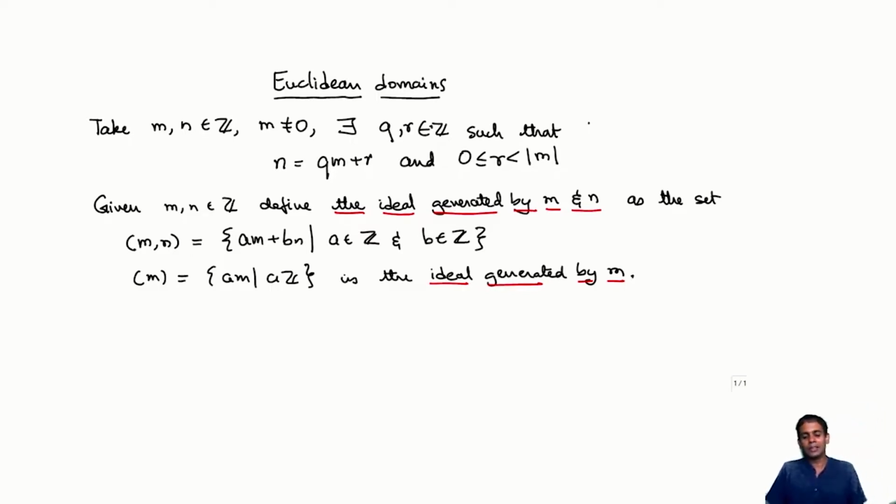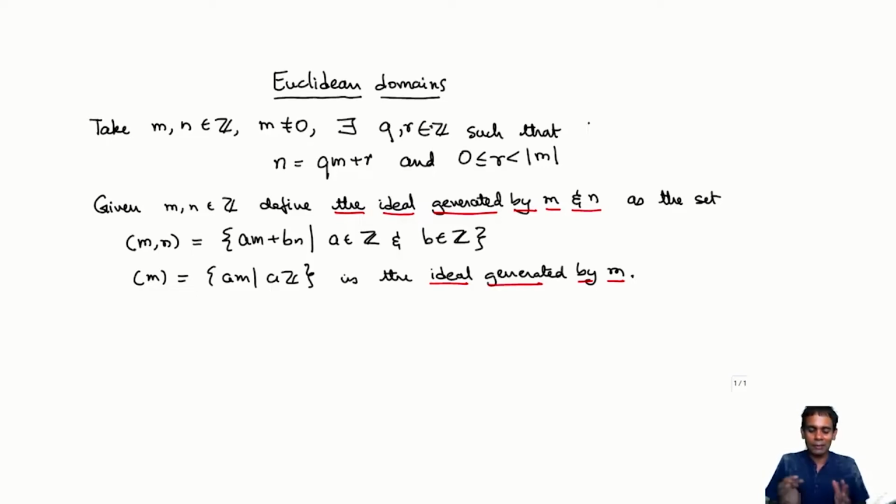Okay, so the ideal generated by 2 is just all even numbers. We can ask what is the ideal generated by 2 and 3. So what are all the integers that can be written as 2 times a plus 3 times b, where a and b are integers. Okay, and the answer to this question is that the ideal generated by m and n is the ideal generated by the GCD of m and n. And the Euclidean algorithm gives a way to find this GCD.